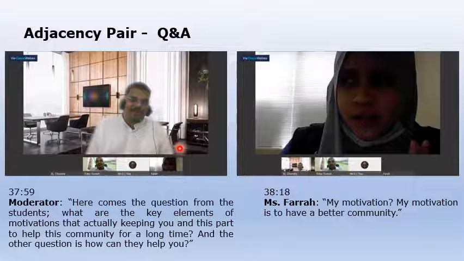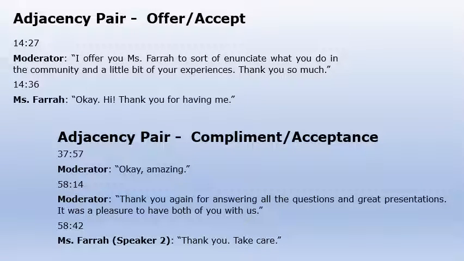For example, the moderator asked questions to the speaker, and then the speaker received and answered the questions directly. Another exchange is offer and accept. Another one is compliment and acceptance. So we can see the speaker respond directly to the offer and the compliment. These are the examples of the adjacency pair from the webinar.